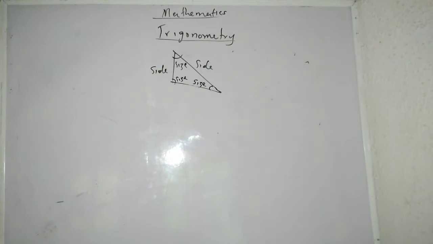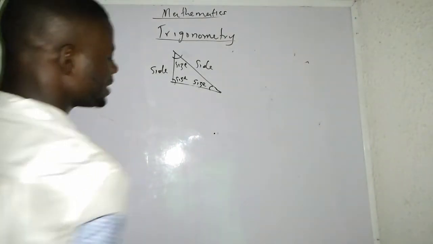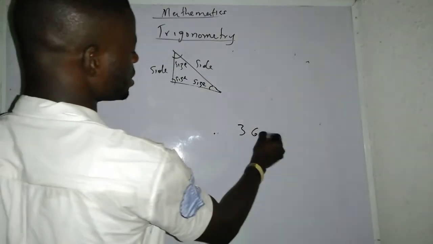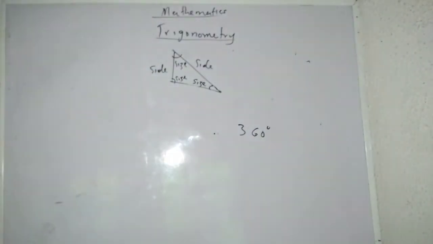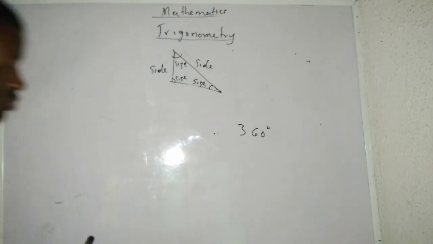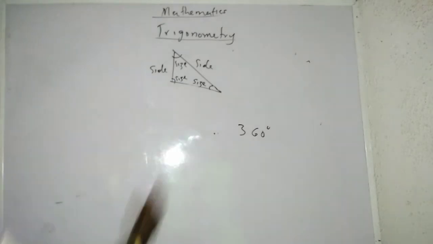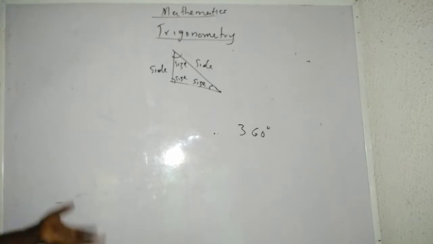Now, angles at a point add up to 360, because this point has the same characteristics as a circle, but it is very, very small. It has a radius, a diameter, an arc, a segment, and so on.